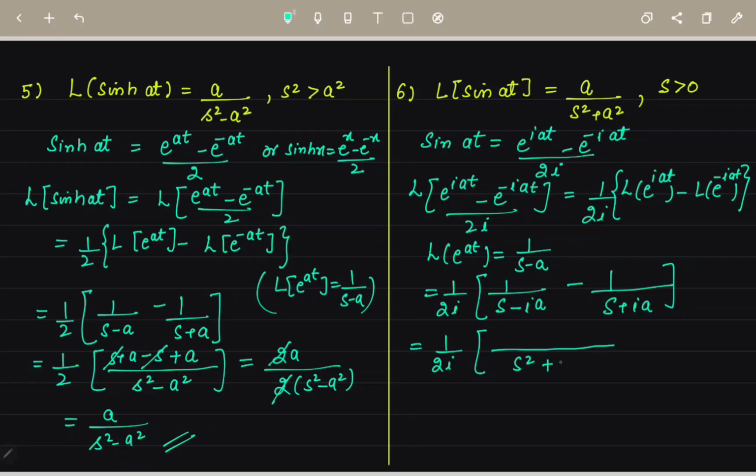So this will become a square minus b square, and iota square becomes minus 1, and minus 1 and minus goes to plus. So I am writing here s square plus a square. So here it will be s plus iota a, then minus s, then plus iota a.